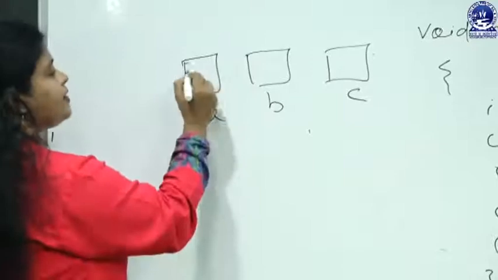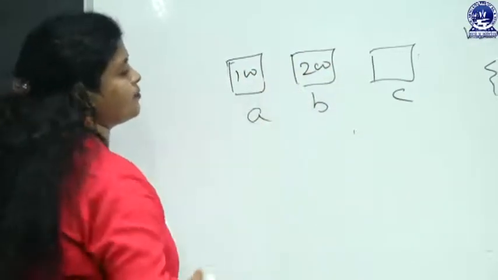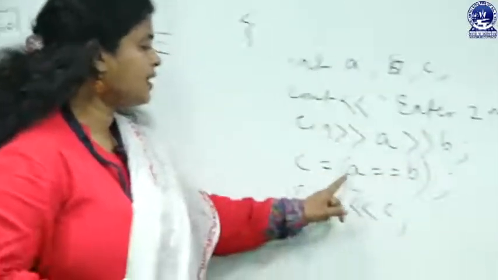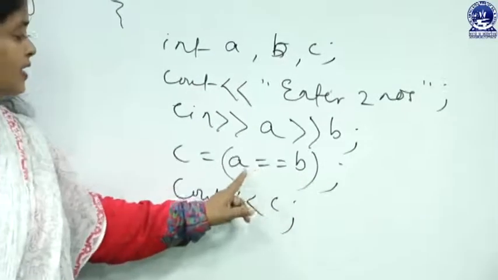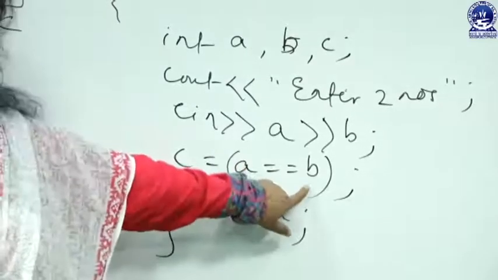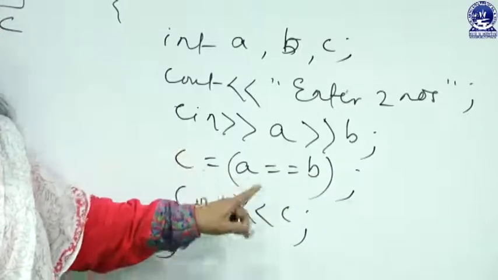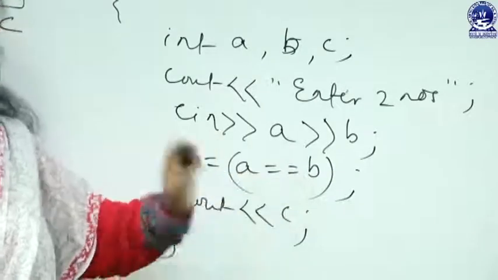Now, let A value be 100 and B value be 200. Okay. When C equal to A equal equal B, it means that here we are checking whether A value is equal to B, or A and B are equal or not. Very simple thing, whether A and B are equal or not.